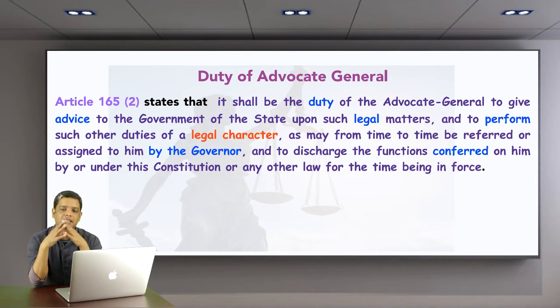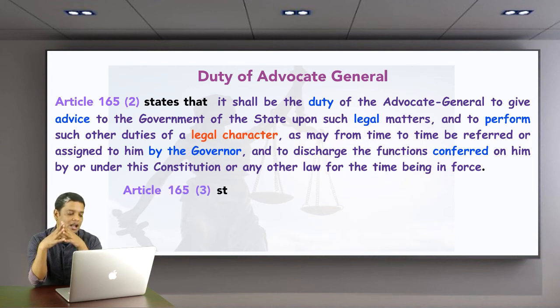Well, again this statement is complex and lengthy, but it is the same as we have studied in reference to the Attorney General of India. It is talking about the duty of the Advocate General, to advise the state government, and whatever assignment, of course legal in nature, is assigned by the governor, he is liable to perform that.